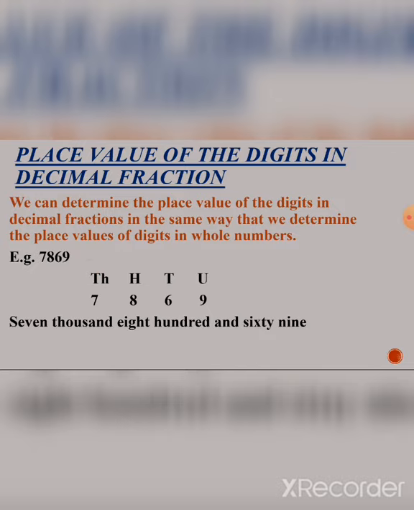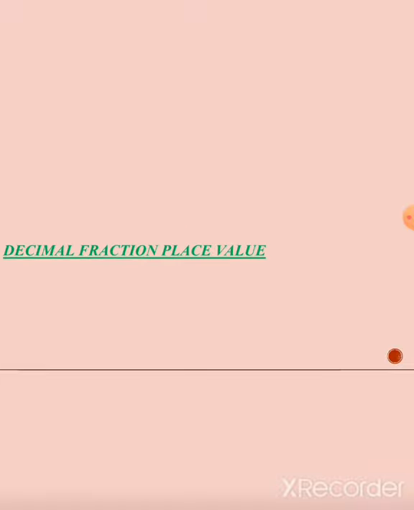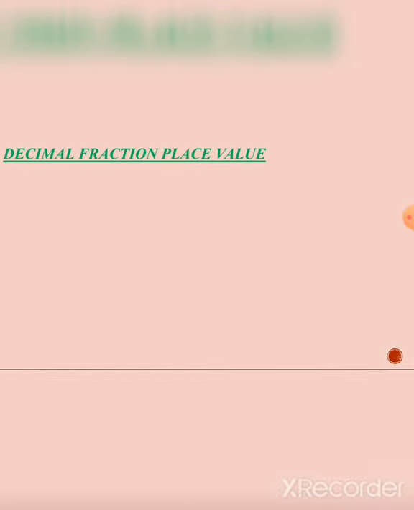Now let's take the example in decimal fraction. The example given here is 27.18. Always remember students, the numbers which are after the point, that is 18, we will not read it as eighteen. We will read it as one eight.